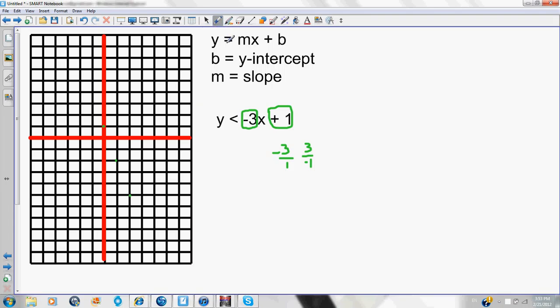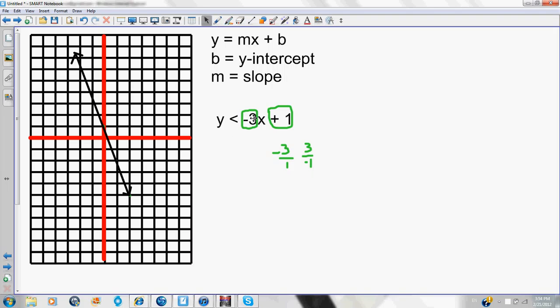Now, when we're drawing our line, the way I have to draw the line on this one is I have to first draw this solid line like so. Let me draw my arrows on the end of it, because we want to make sure that we understand that the lines go on infinitely in each direction.